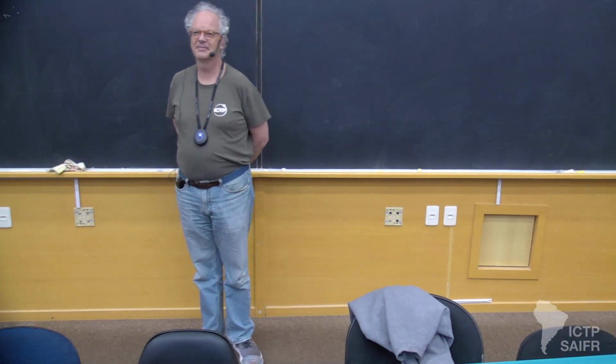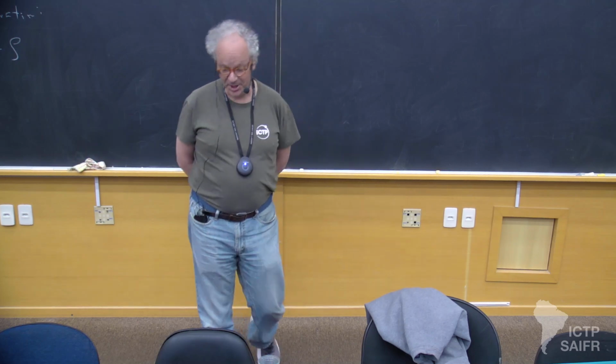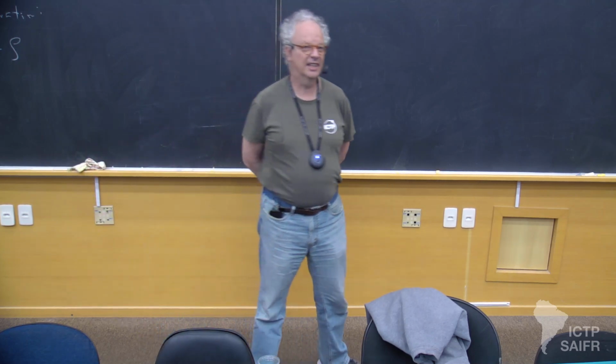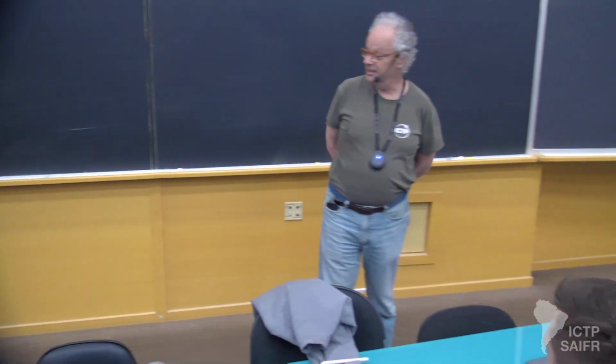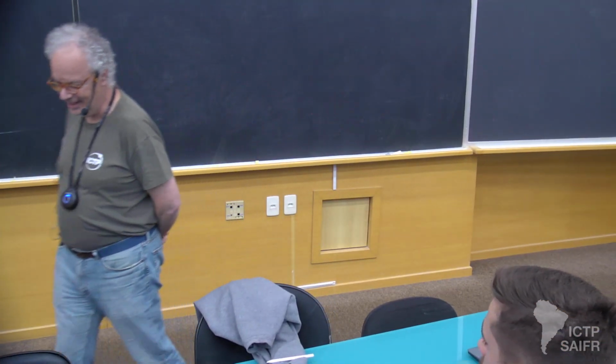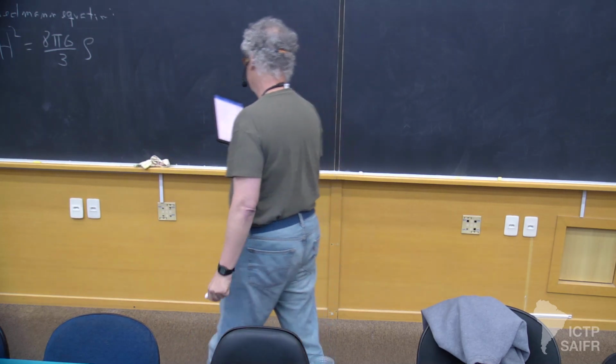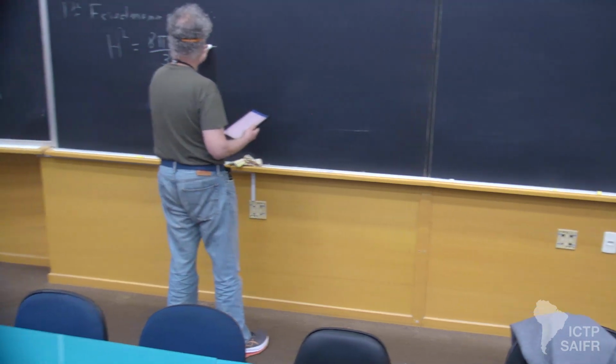This equation was derived under the assumption that there is no curvature in the universe. Now, if there is spatial curvature in the universe, the metric has to be changed, and that's easy to do. And this equation actually changes as well. So I'm just going to write what we didn't do in these lectures. What is the contribution of spatial curvature in this equation? And this is the answer.